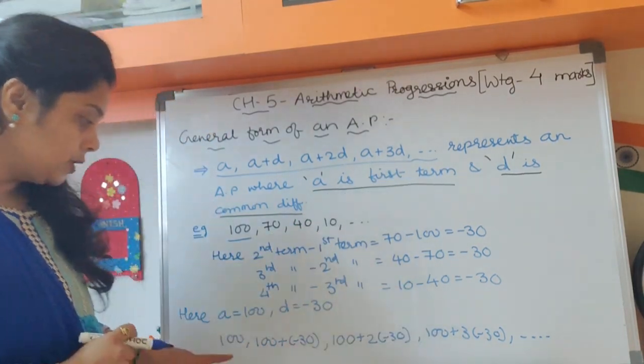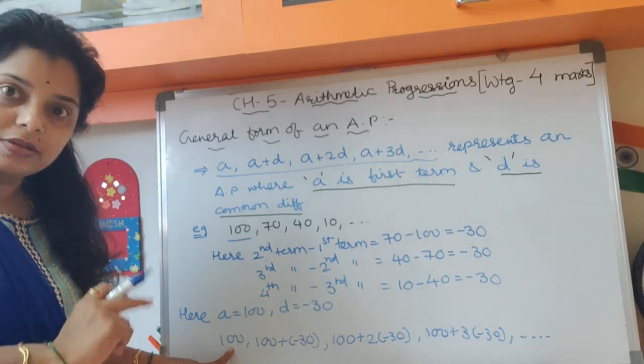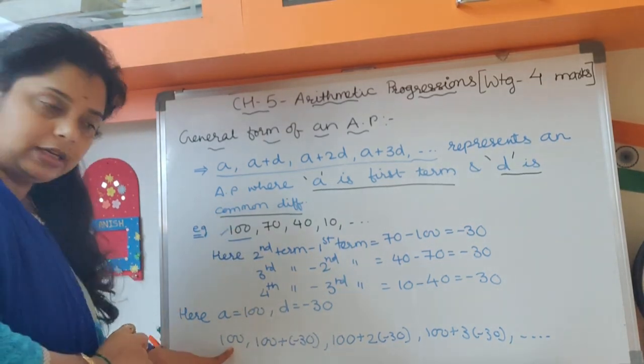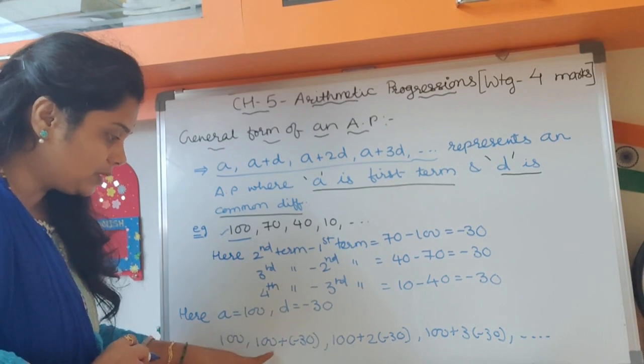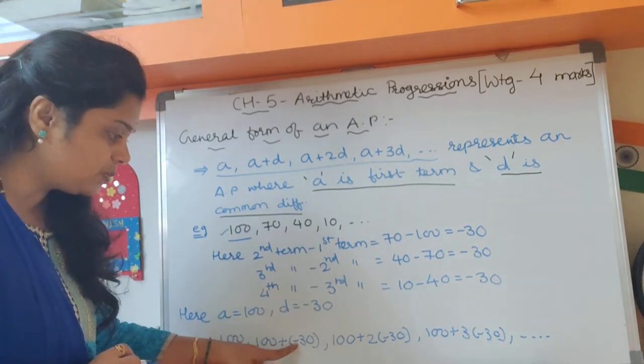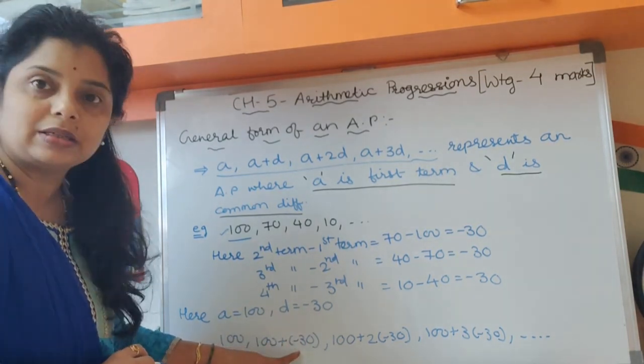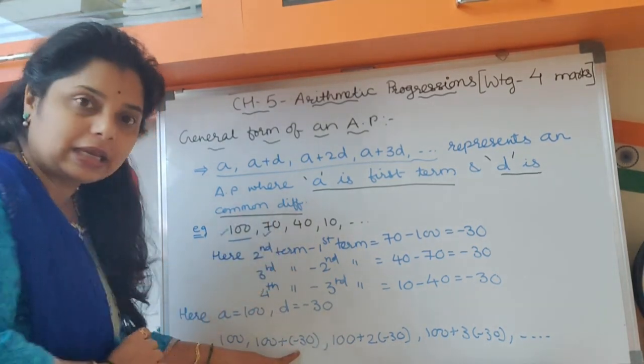So 100 is the first term. Then 100 plus minus 30, plus times minus is minus, so 100 minus 30 is 70. Now we get the second term.